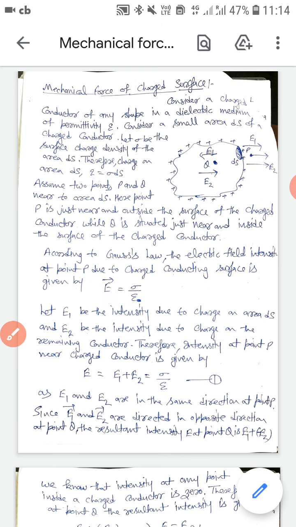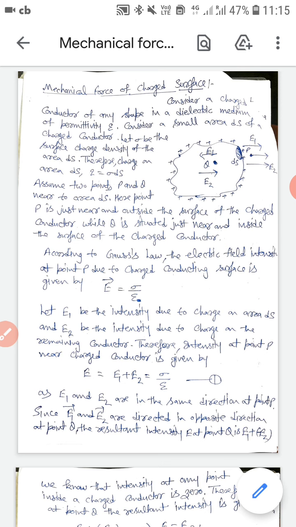But for the point Q, the electric field E1 will be in the inward direction and E2 will be in the outward direction, because the normal of a surface is always the outward normal.